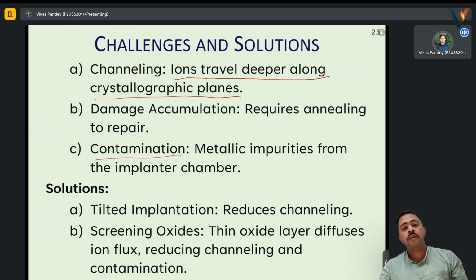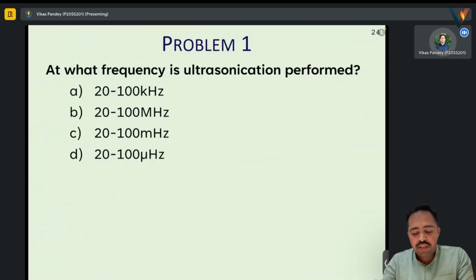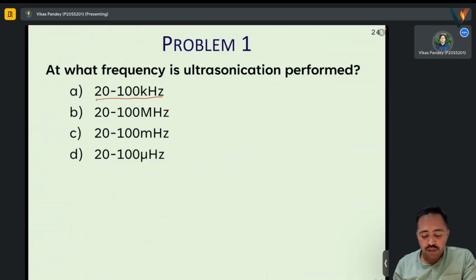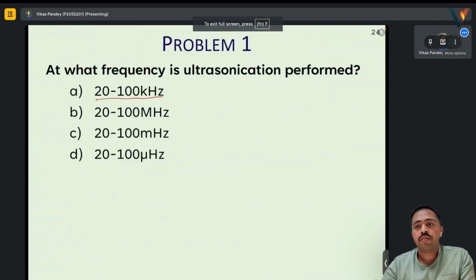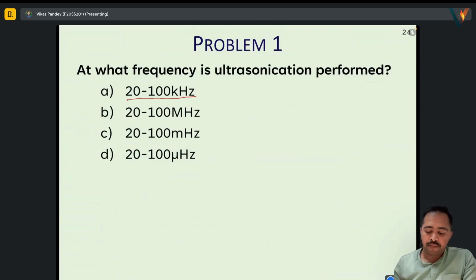Okay, so let's start with our problem one. This is, at what frequency is ultrasonication performed? It is 2200 kilohertz, 2200 megahertz, 2200 millihertz, or 2200 microhertz.